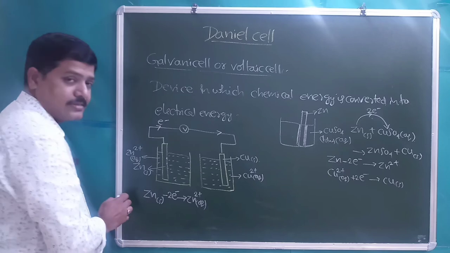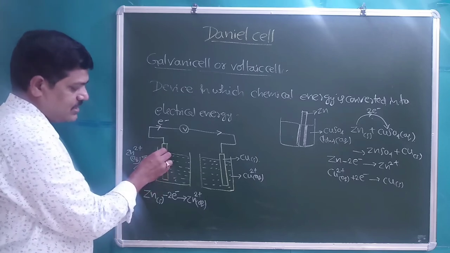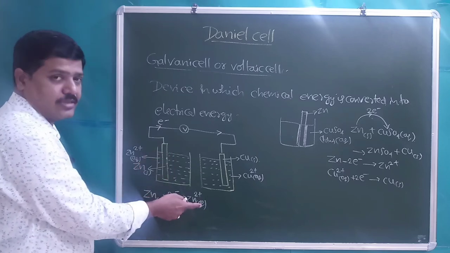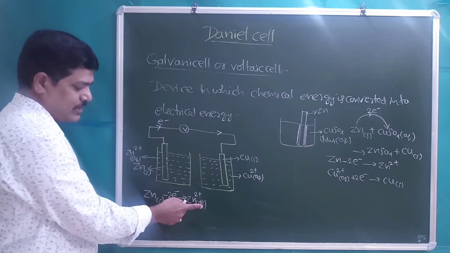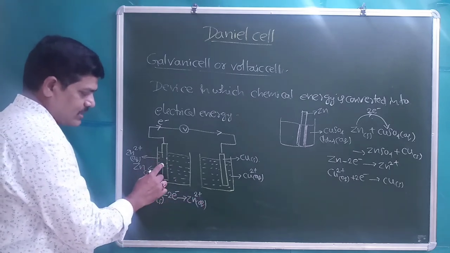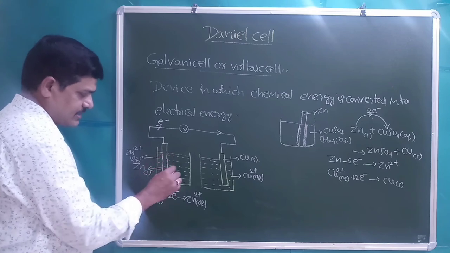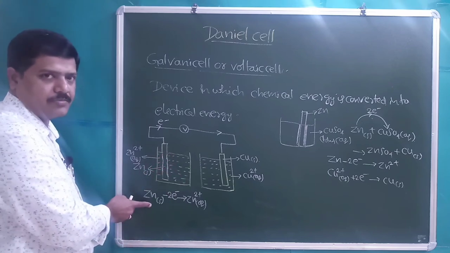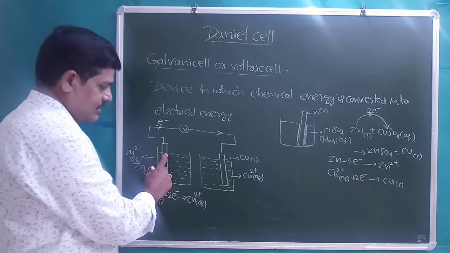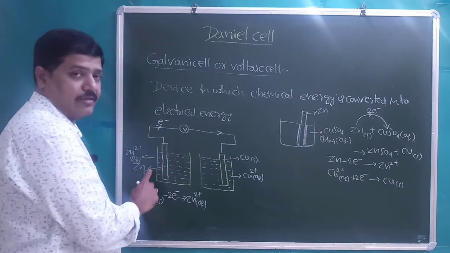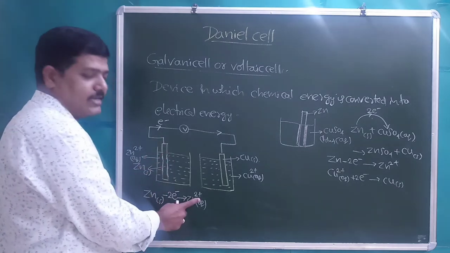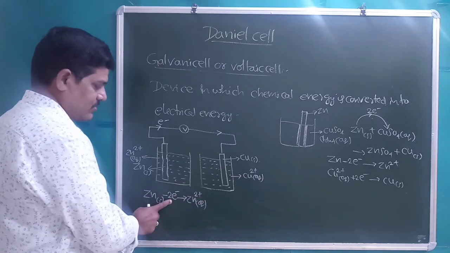So zinc atoms which are present on the metal rod are dissolved in the solution in the form of Zn2 plus. As time progresses, what happens? The thickness of this rod will decrease, because zinc atoms on the surface of this zinc rod dissolve in the form of Zn2 plus by losing 2 electrons.